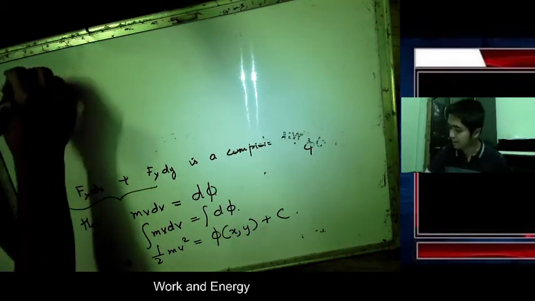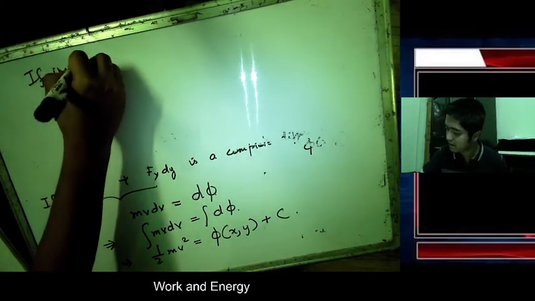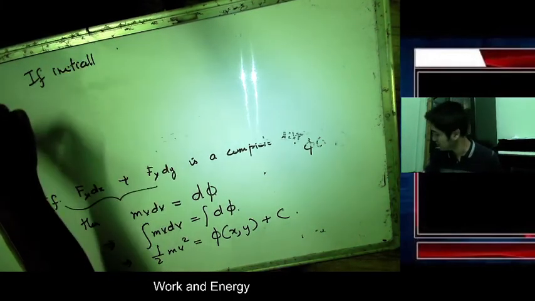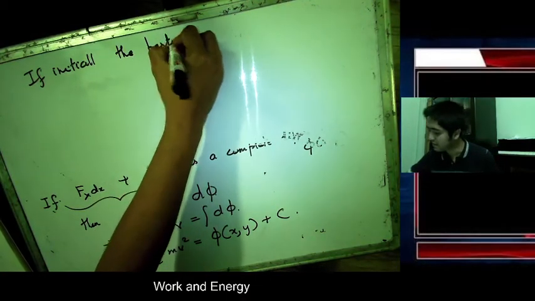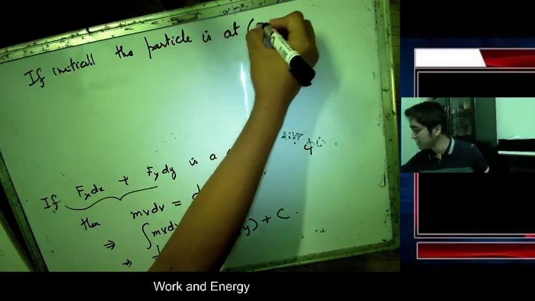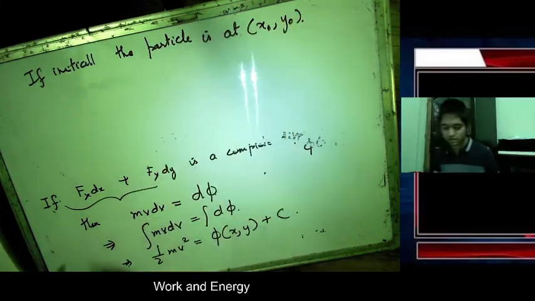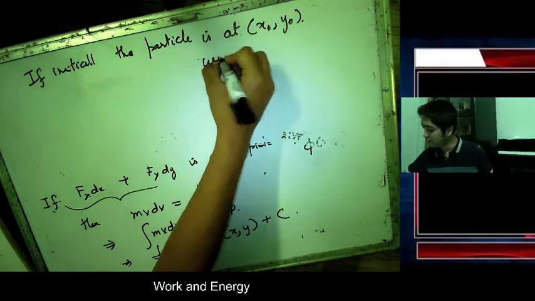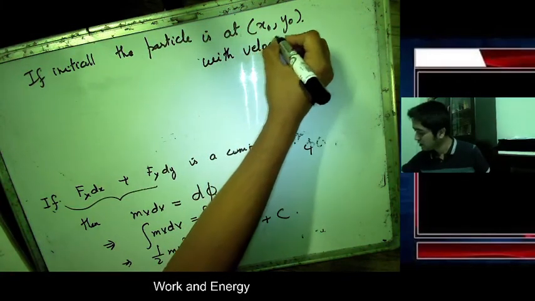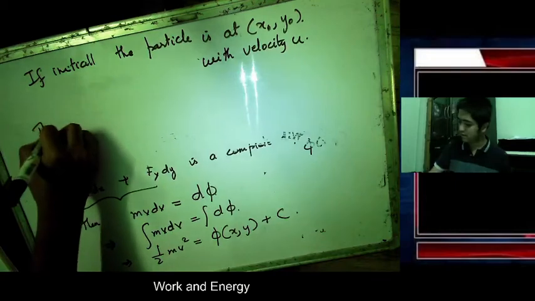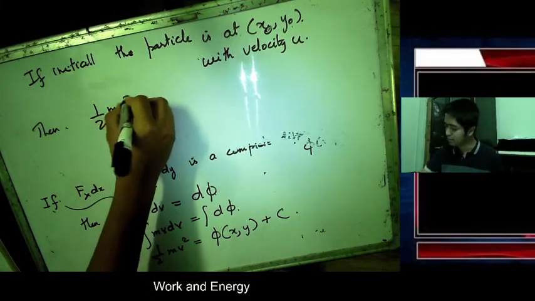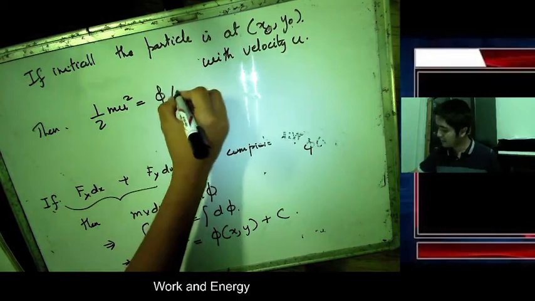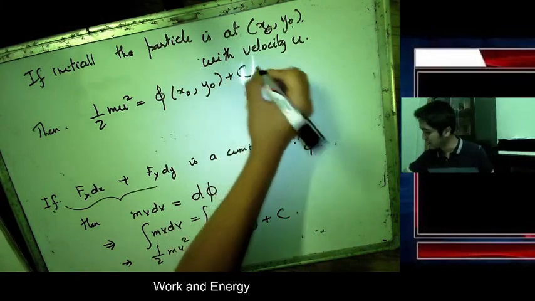Initially, the particle is at x naught, y naught with velocity u. So we can substitute over here, then half mu squared equals phi(x naught, y naught) plus c.